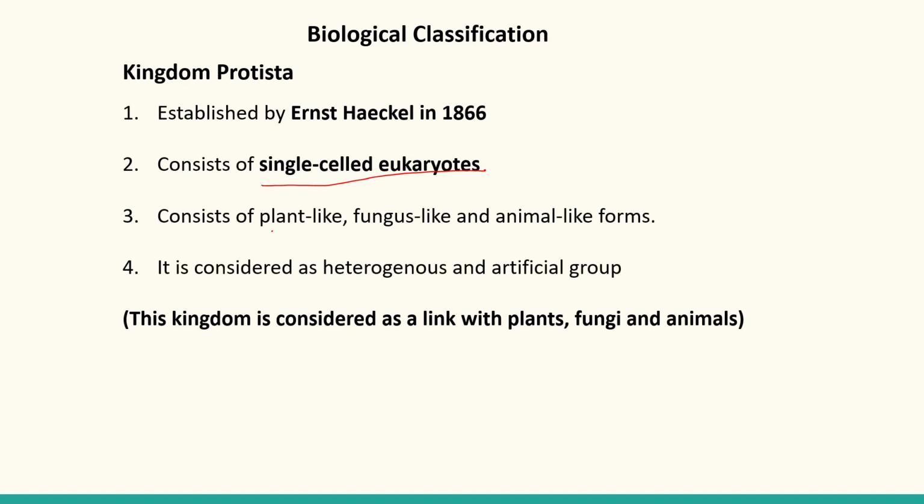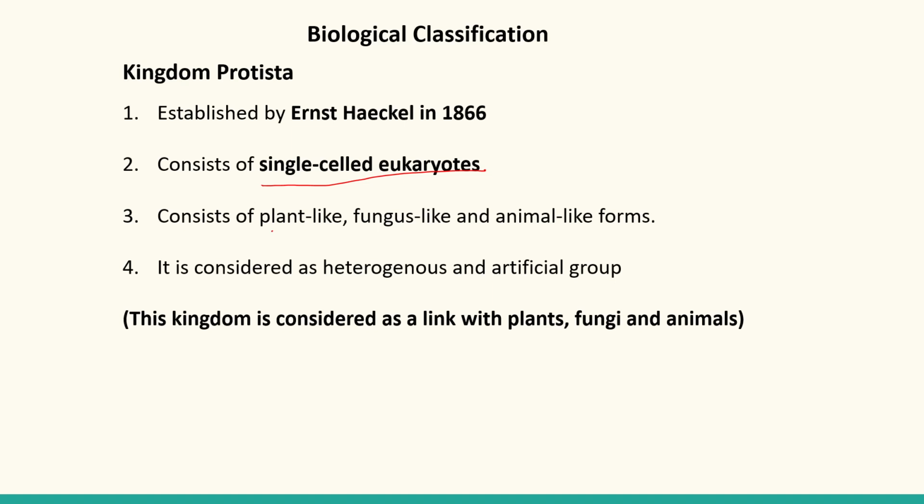It means that plant-like organisms, fungus-like organisms or animal-like organisms are present in this particular kingdom. But all three are of single cell. They are made up of a single cell, and these cells are eukaryotic. These organisms are eukaryotic in nature.